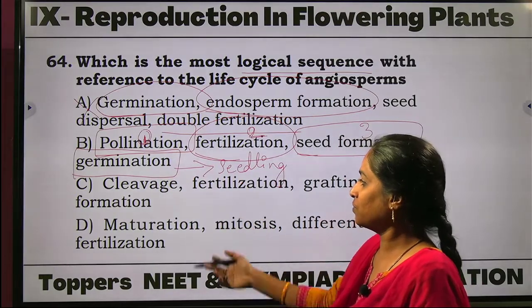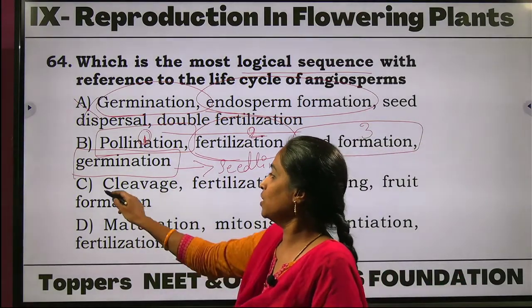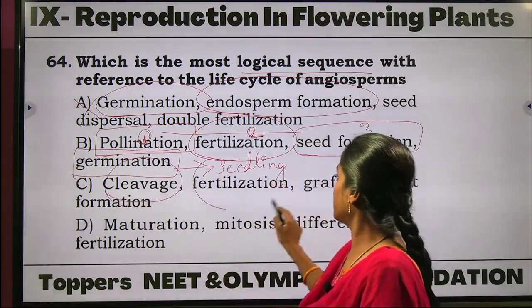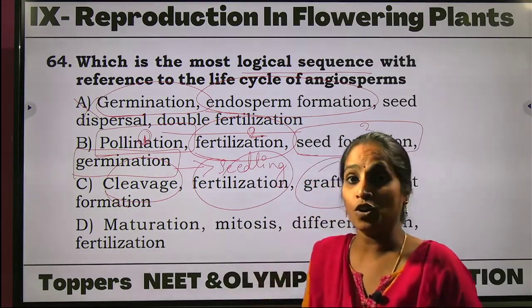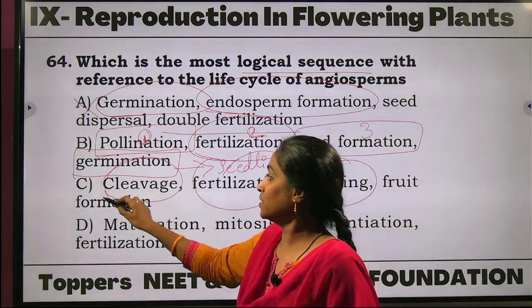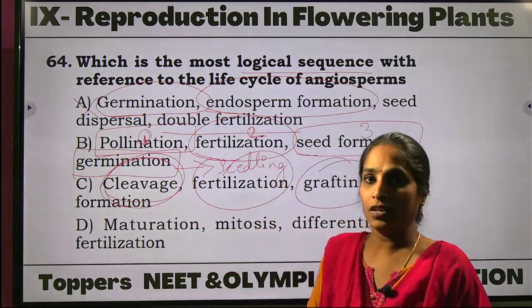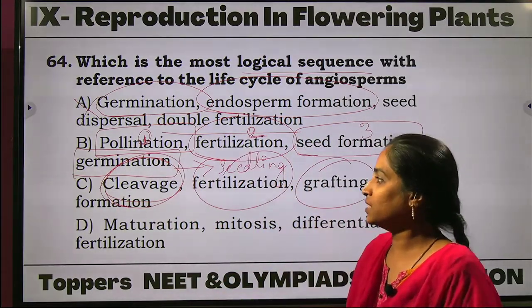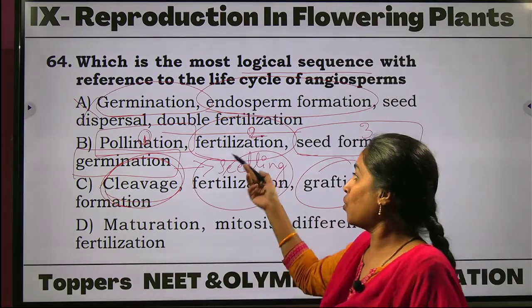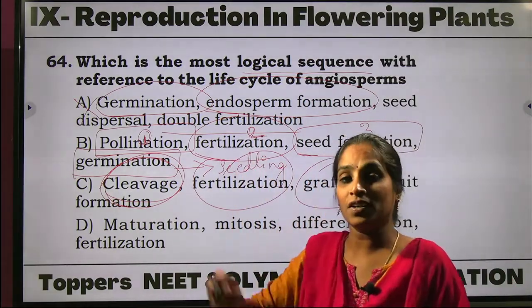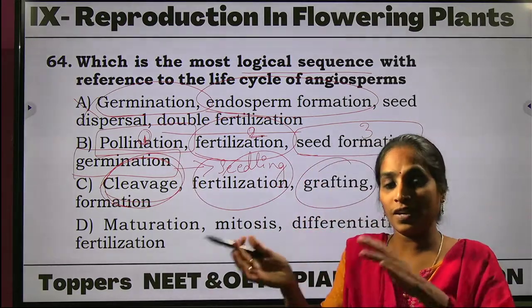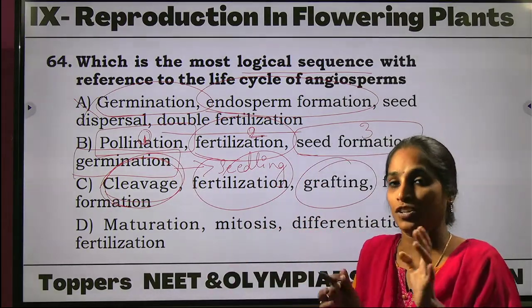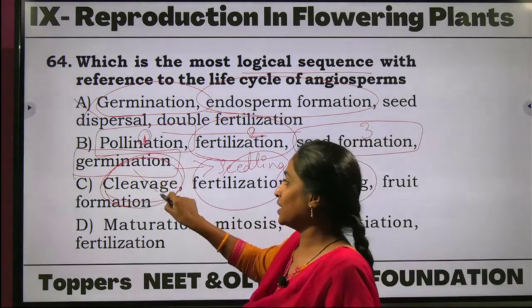Okay, let us see the different ones, options C and D also. Cleavage, fertilization, grafting and fruit formation itself. What is cleavage? Cleavage is a division of a cell. So where does this division of a cell occur? Here we need to identify when the fertilization occurs, and before the fertilization what has to occur. The fertilization has to occur by the pollination process, not the cleavage process.